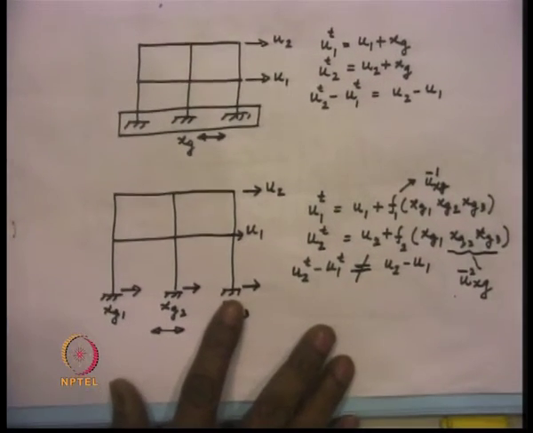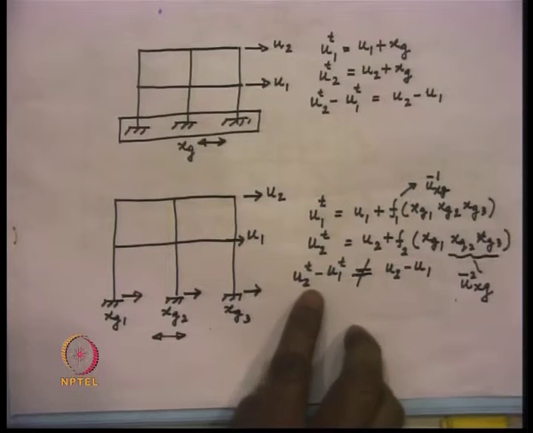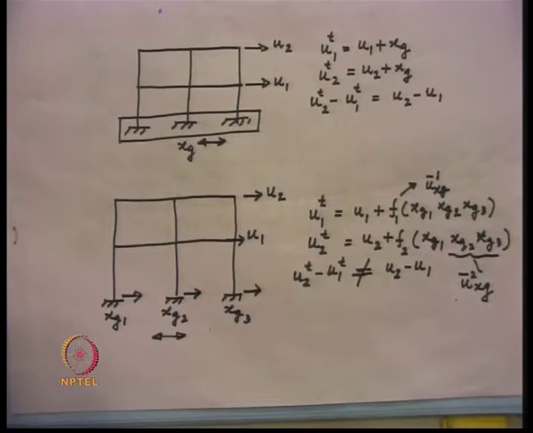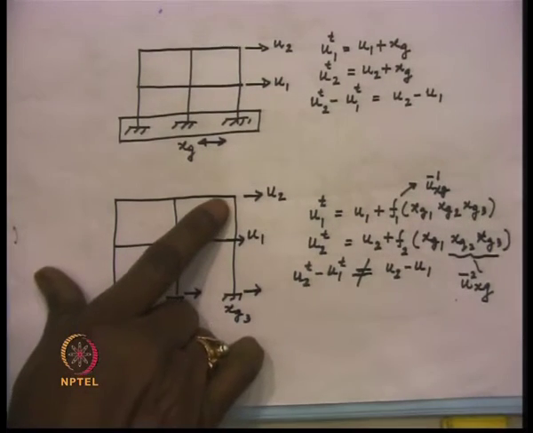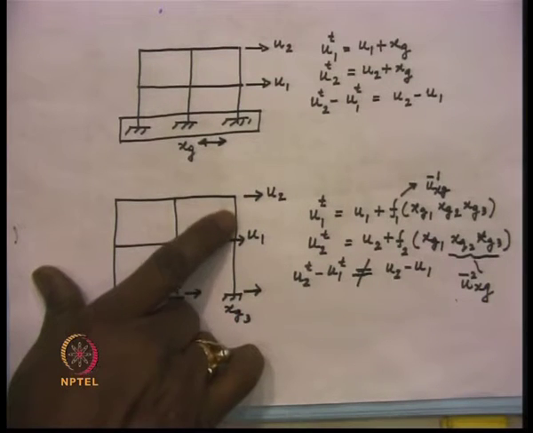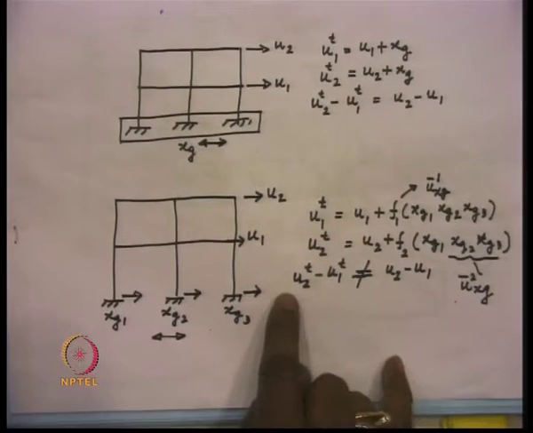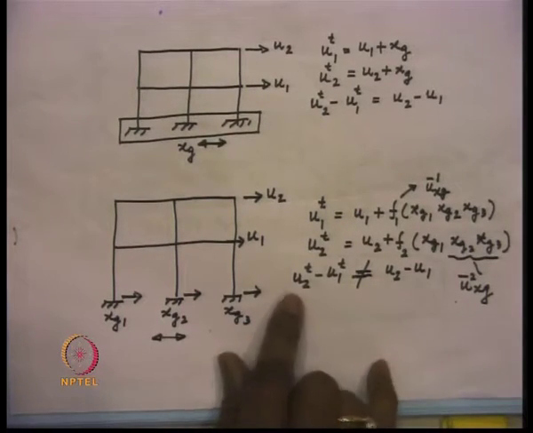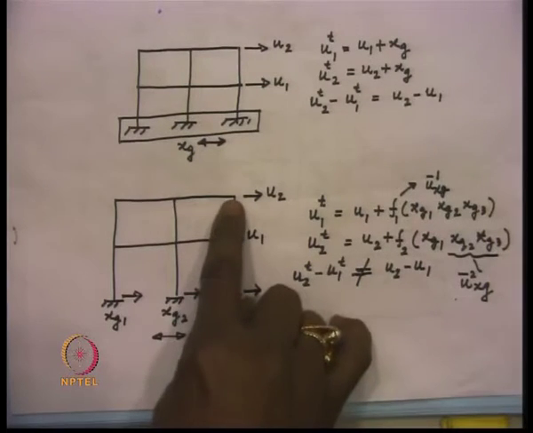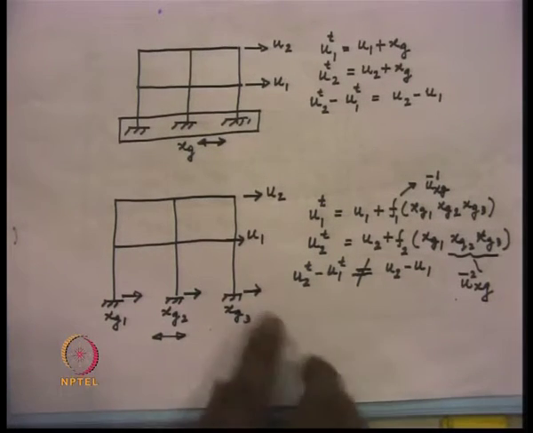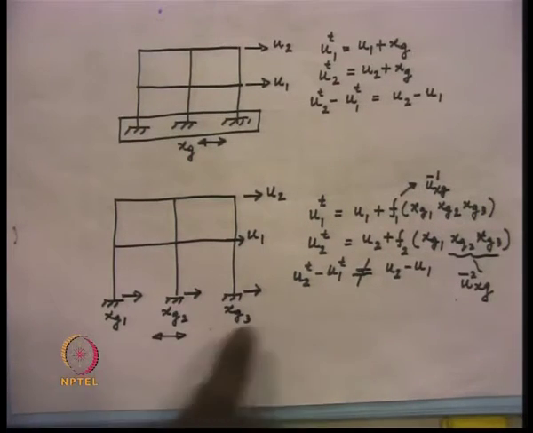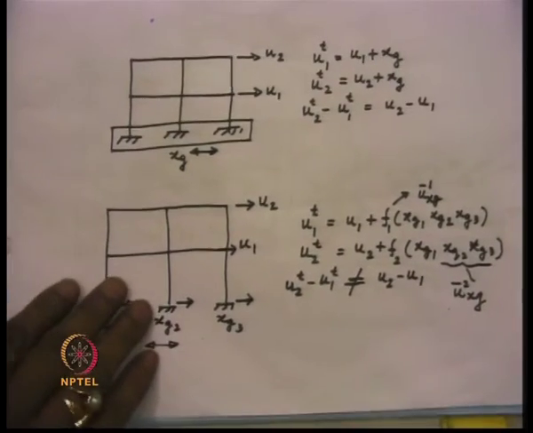As a result, u2 t minus u1 t will not be equal to u2 minus u1, and therefore, in order to get the bending stresses in this particular member, we have to know the values of the total displacement at this floor level and at this floor level. And because of that reason, the equation of motion should be written in terms of the total displacement.